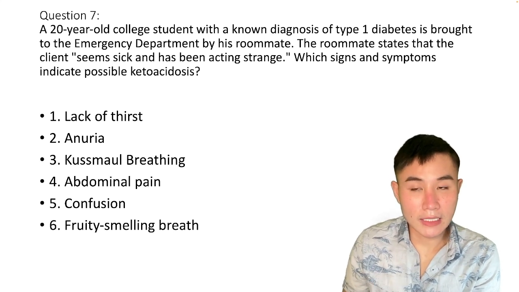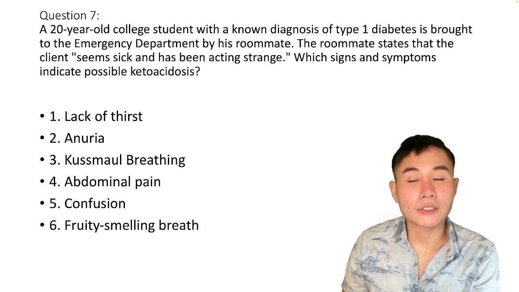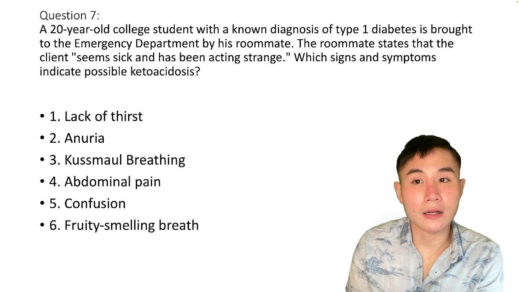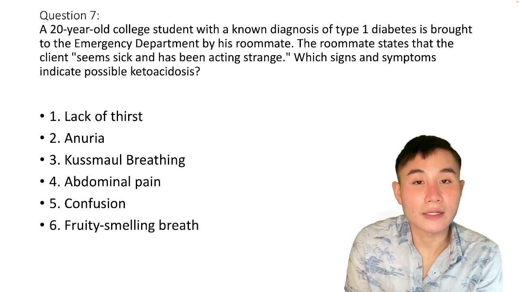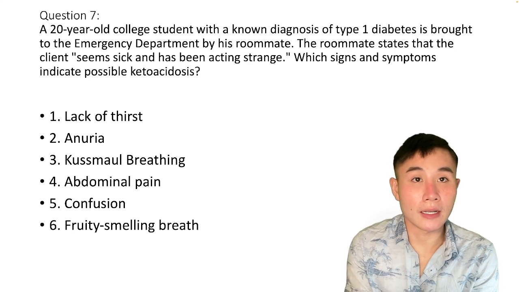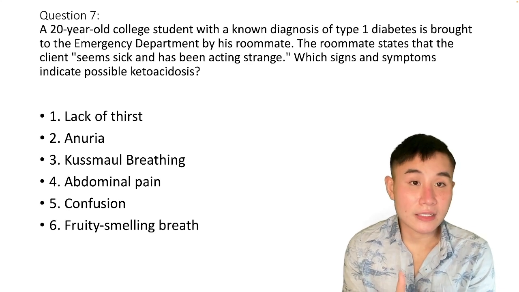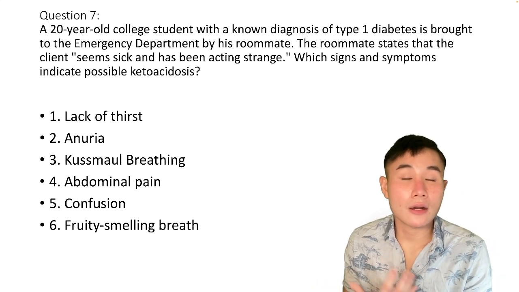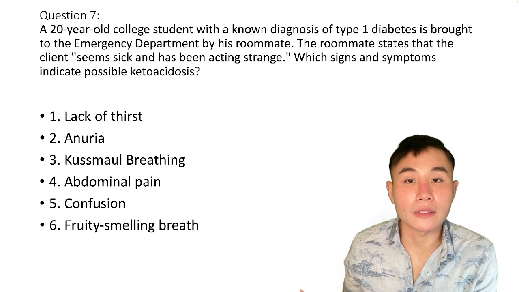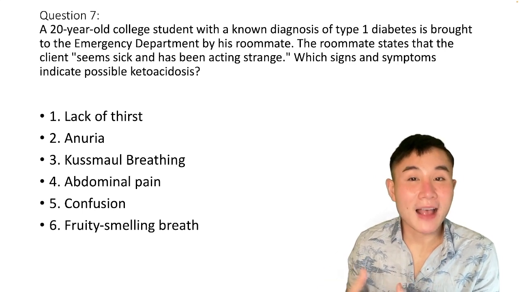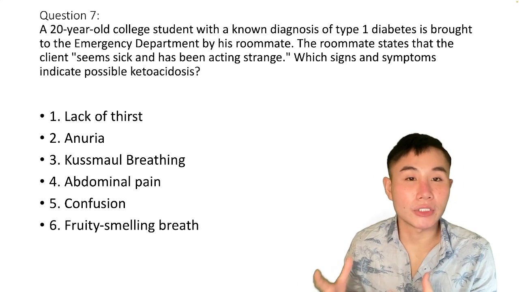And in DKA, the patient does not metabolize the glucose. The insulin does not work. There's no insulin, so the blood sugar stays in the blood, and the cells are starving for sugar. So what does the body do? It cannot use the sugar because there's no insulin, so it metabolizes fat to create energy for the cells.